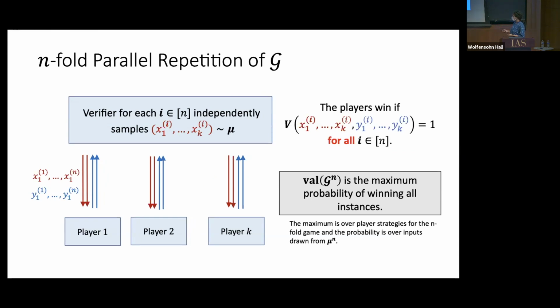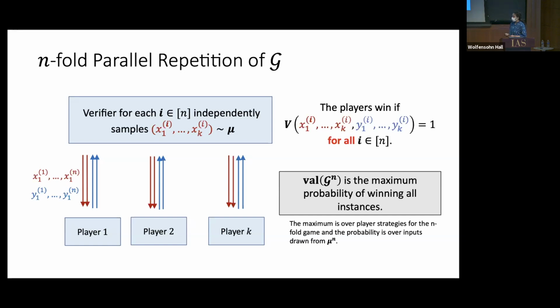Player i looks at all these instances and comes up with answers for all the n instances. Note here that, for example, the answer that player 1 gives on the first instance can depend on the inputs to all the instances.